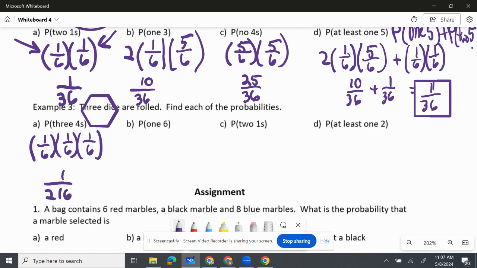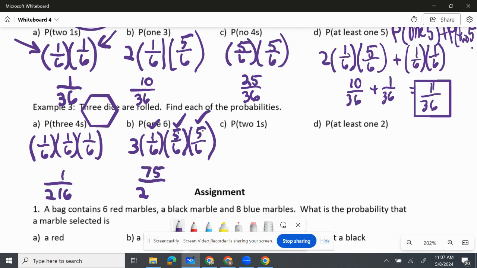1 six means one of them is a 6, and the other 2 are not a 6. Now, if we were to rearrange it with the dice, the 1 six could be the first one, or it could be the second one, or it could be the third one. We're not sure which one it is, so we times it by 3. 25 times 3 is 75 over 216. 2 ones.